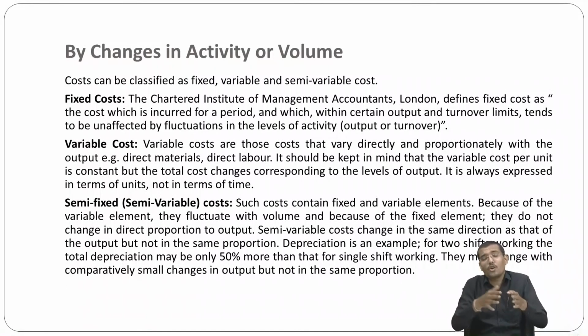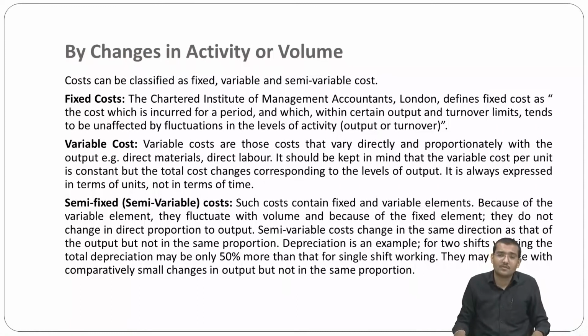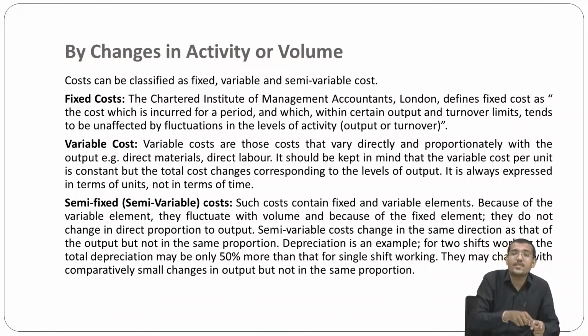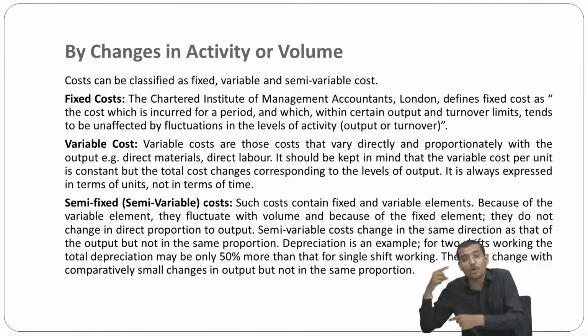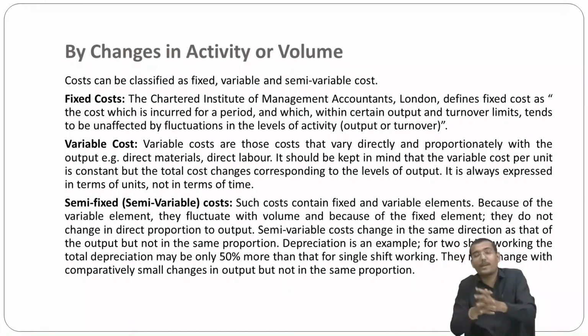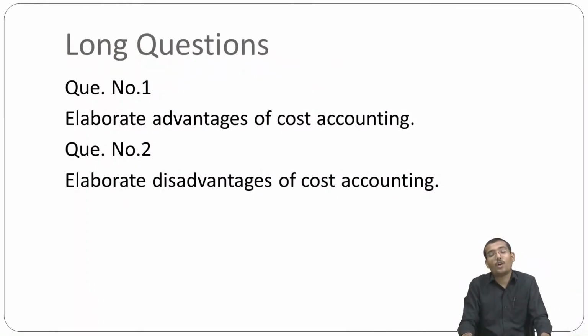But if you call beyond your limit, say 1000 calls are available but you go beyond to 2000, at that point of time that difference of 1000 calls may be chargeable as variable and semi-variable in nature. Because the units change, the proportion changes, and at that point of time the cost may change in future. So this is also treated as a fixed, variable and semi-variable portion. So this is what, my dear friends, that deals with the change in activity and volume.